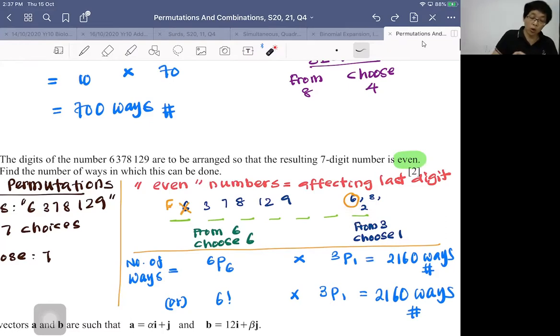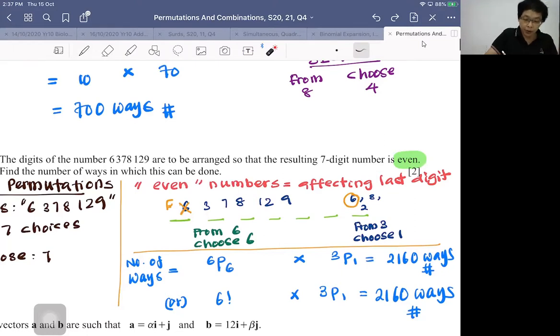Then you go on to the 6 digits before it and consider what number choices you have left. What I list down here, which is easier for you to see, are all the digits 6, 3, 7, 8, 1, 2, 9. Each number can only be used once.